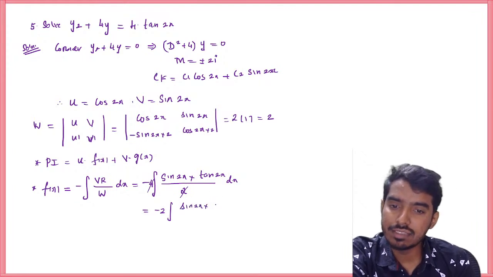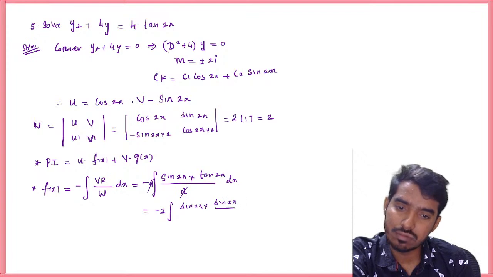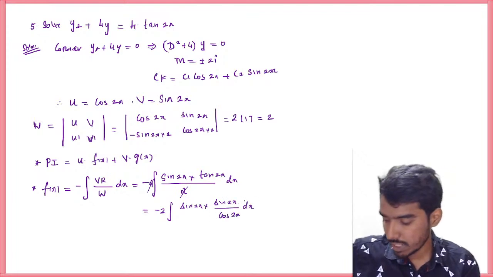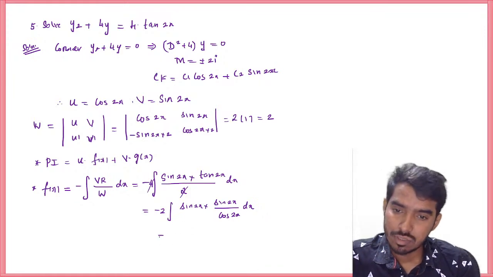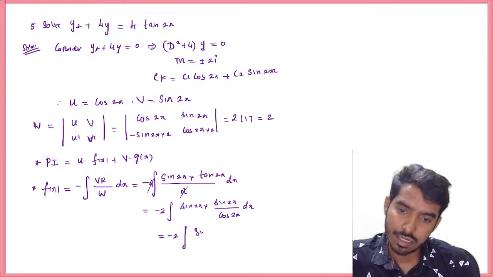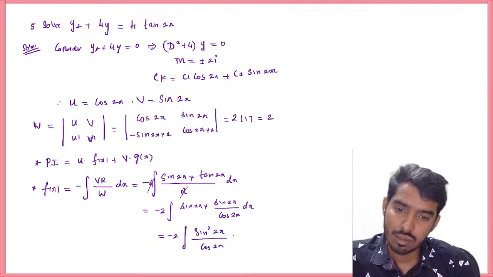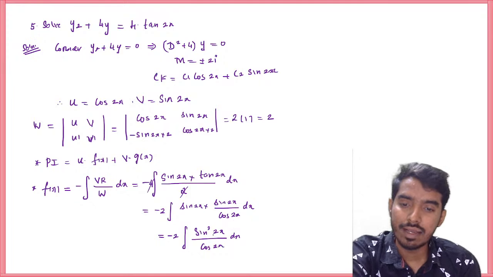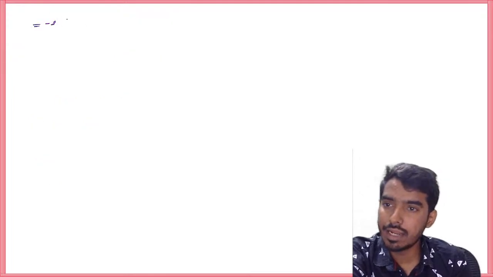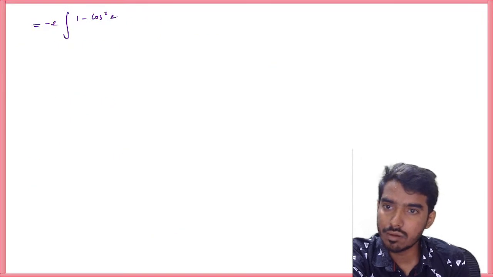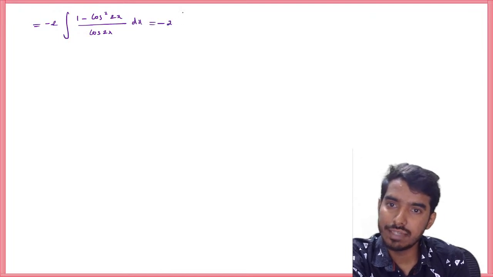And tan 2x is sin 2x by cos 2x, right? This is minus 2 times integration of sin² 2x by cos 2x dx. I can write sin² 2x as 1 minus cos² 2x divided by cos 2x dx. So divide separately.